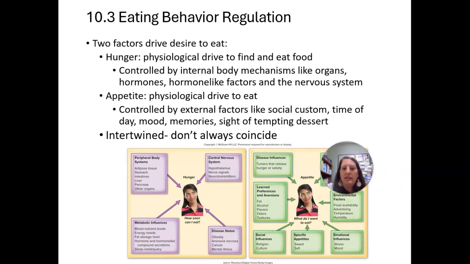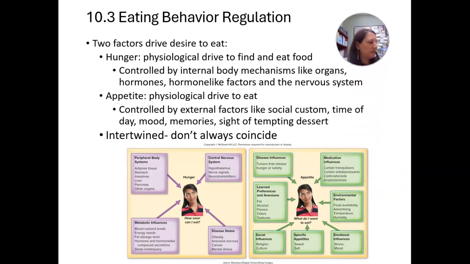So let's go on to eating behavior regulation. So this is 10.3. So there are two factors that drive our desire to eat. They are hunger and appetite, and they're definitely intertwined, interrelated. Hunger is going to be the physiological drive to find and eat food, and it is controlled by internal mechanisms.